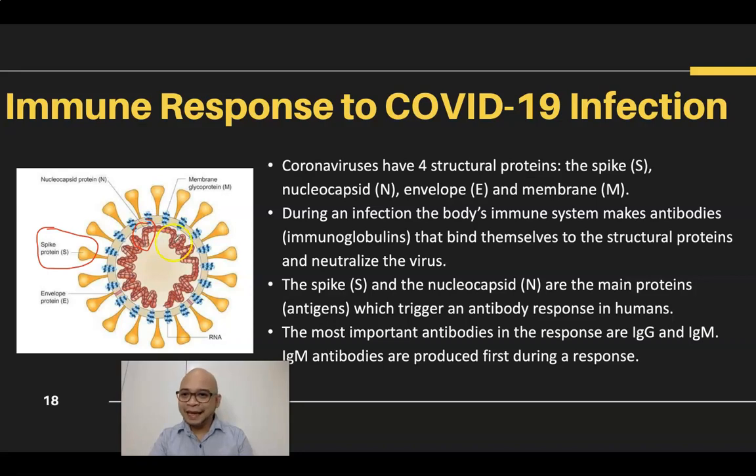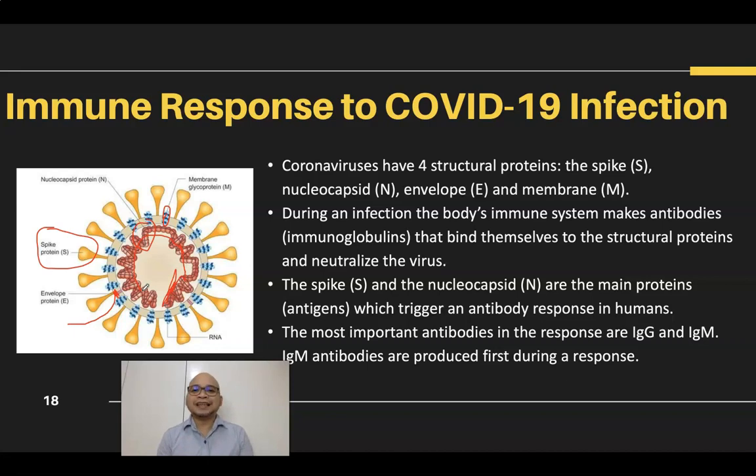And then we have the envelope, which is the lipid membrane, made up of lipid. And then we have the membrane glycoprotein. This is the RNA, and the RNA is responsible for the infectivity of the virus.